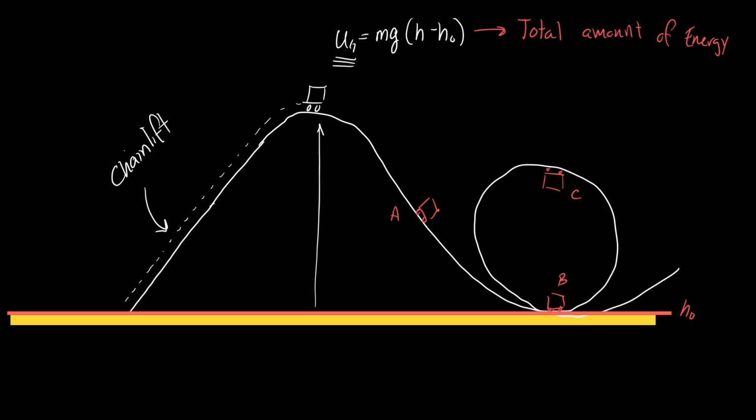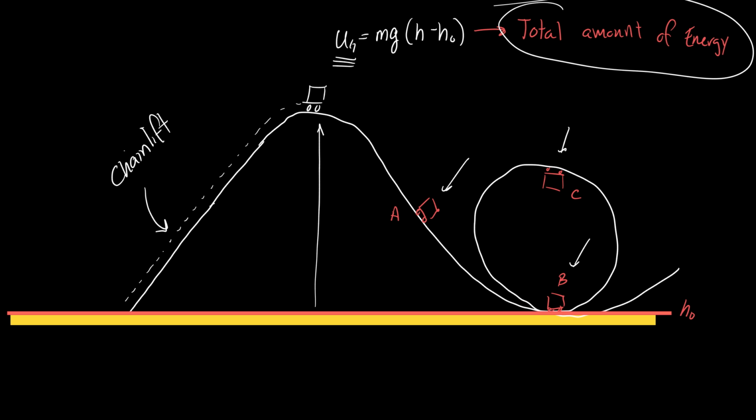But then after that, this total amount of energy stays the same unless something takes the energy away. So in all three of these places, the cars have the same amount of energy. And this is path independent, so it doesn't matter how they get there.